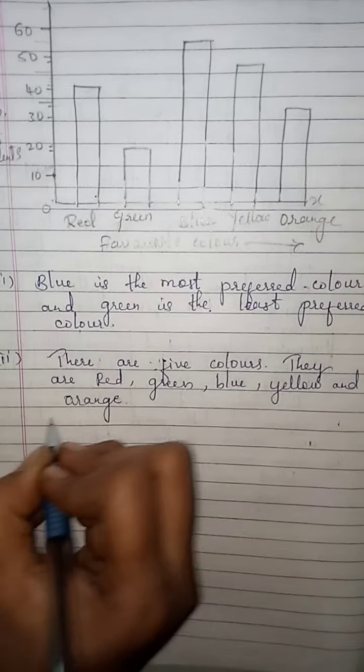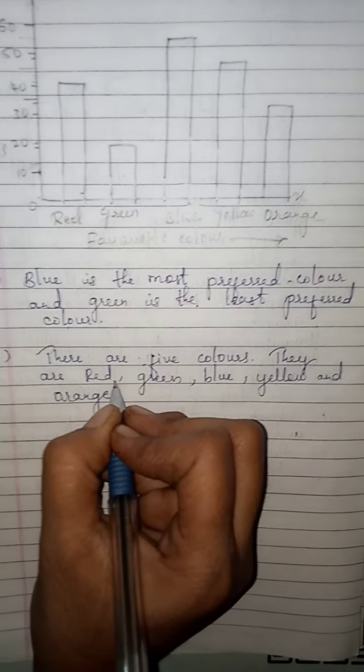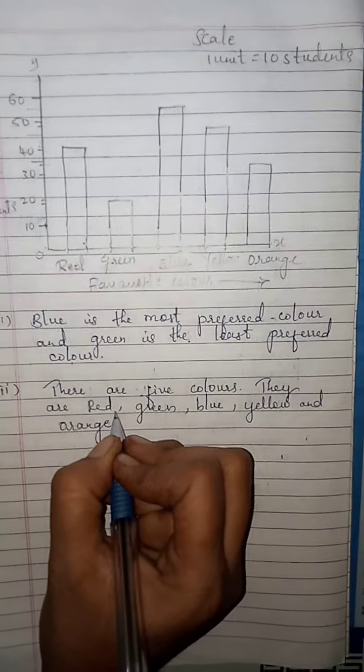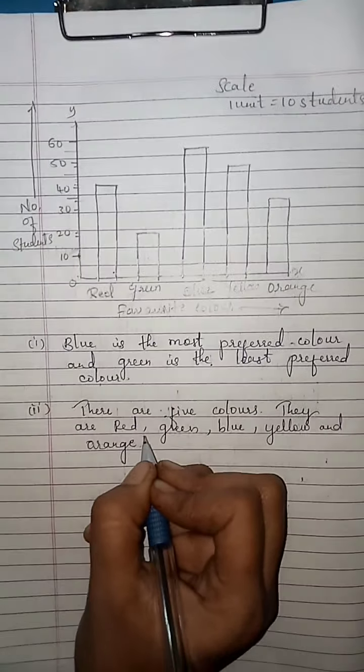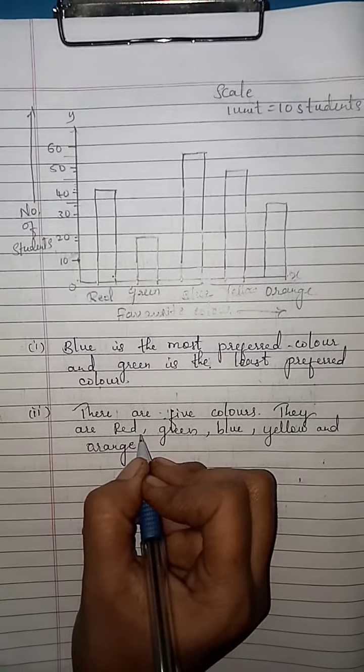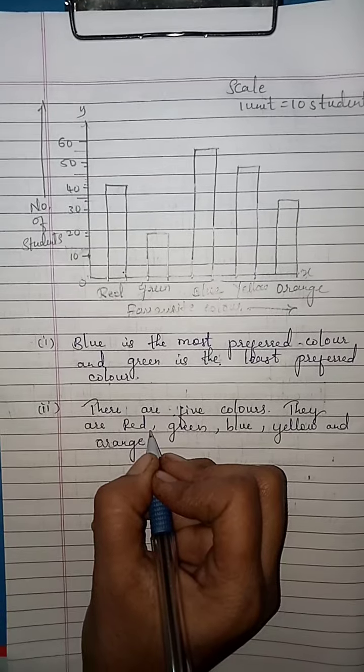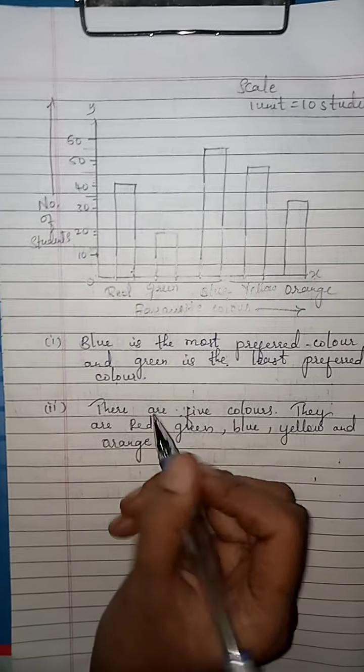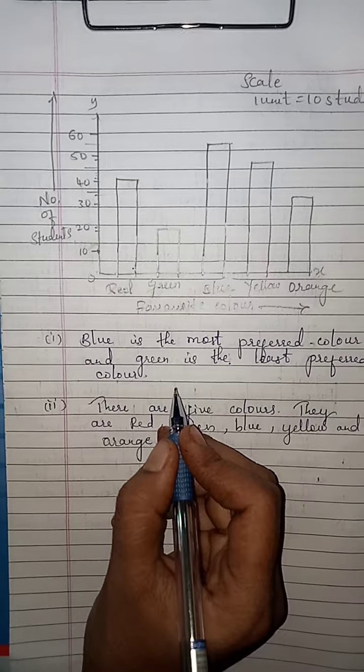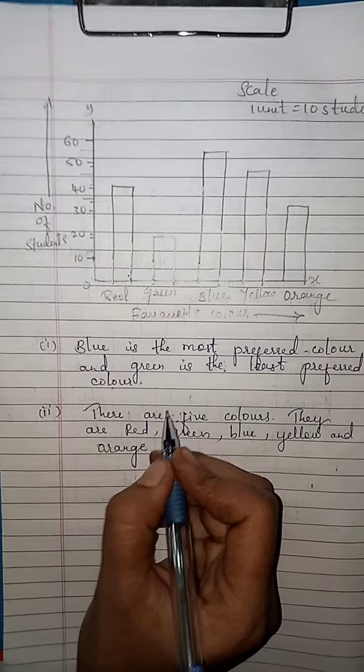These are the 5 colors, children. Understood, children? Till now we studied the bar graph and also solved the example. You solve this, children. In the next class we will solve some more examples. Thank you.